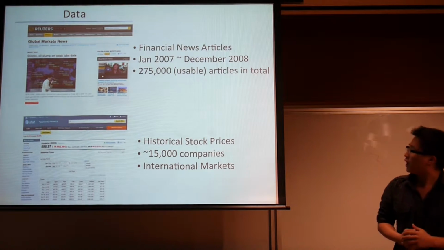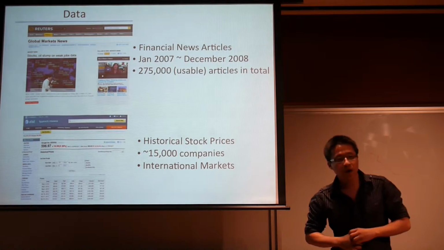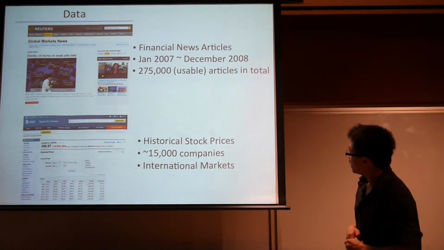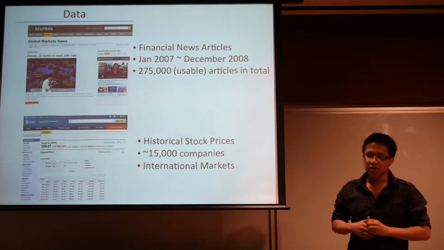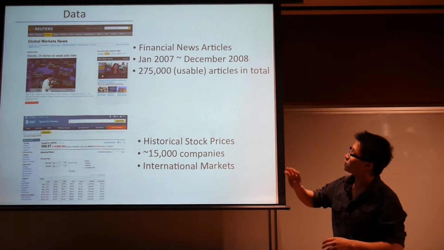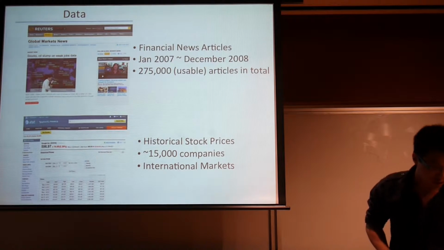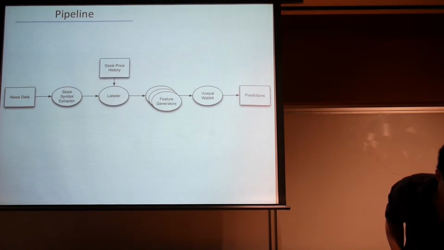And we used historical stock prices from Yahoo Finance, and based on time labels, of course, we put these two data sets together to create a labeled data set of stock prices.